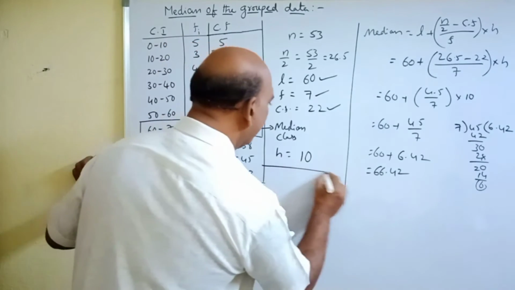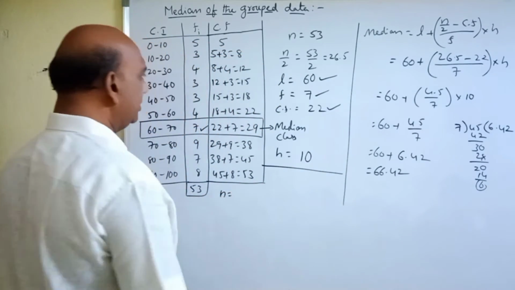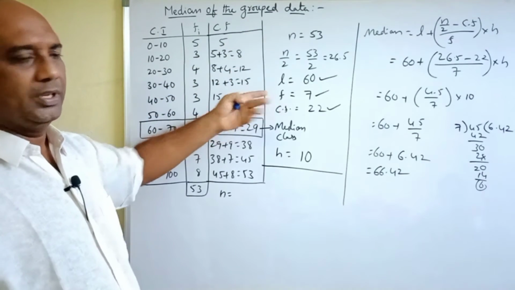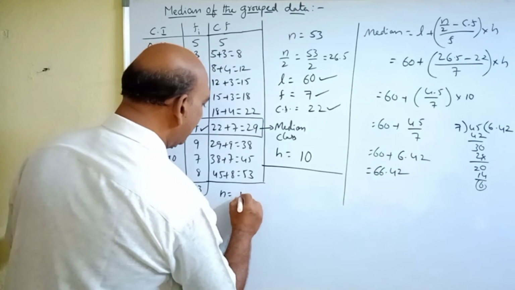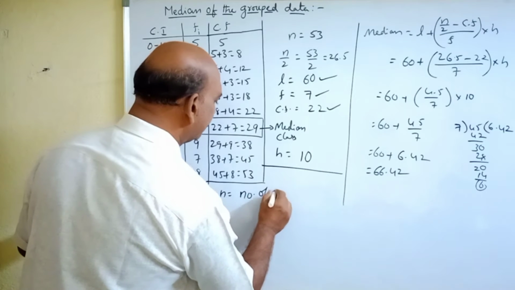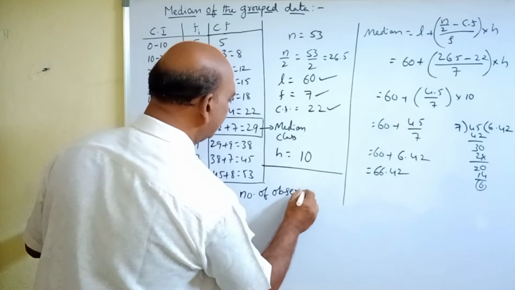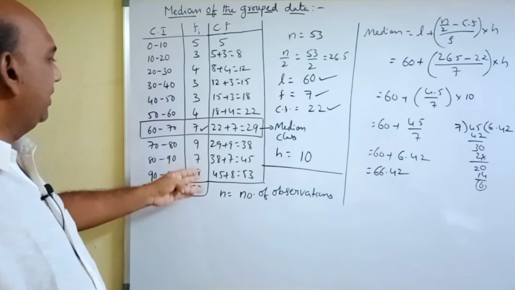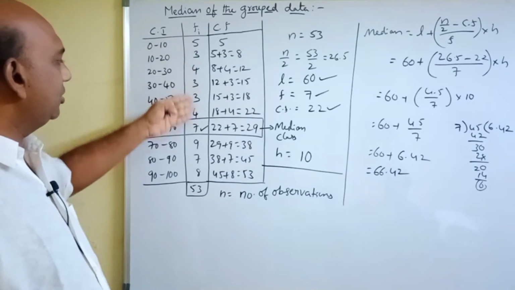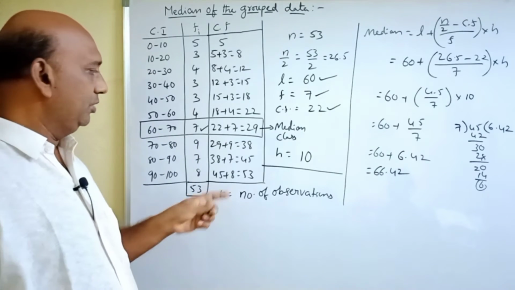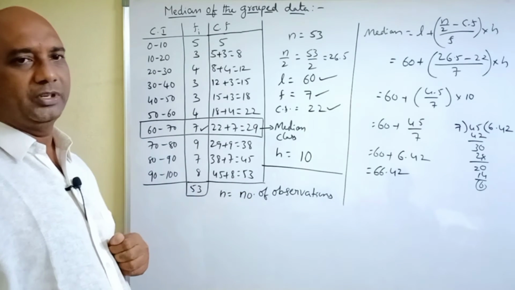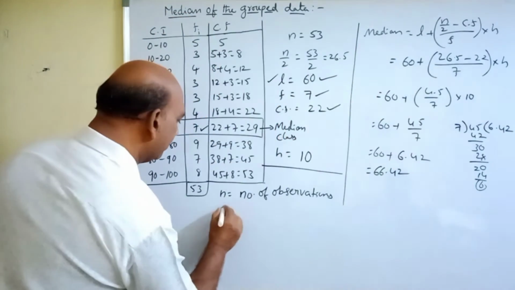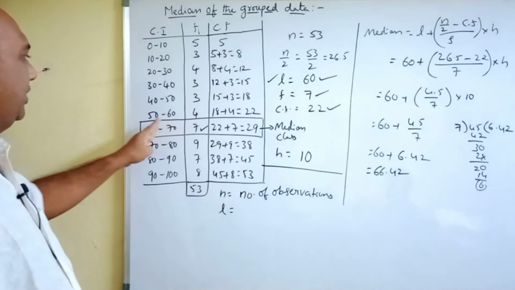Now let us describe all these terms. N is equal to the number of observations, that means the sum of the frequencies, 53. Totally 53 observations are there. L is the lower boundary of the median class.